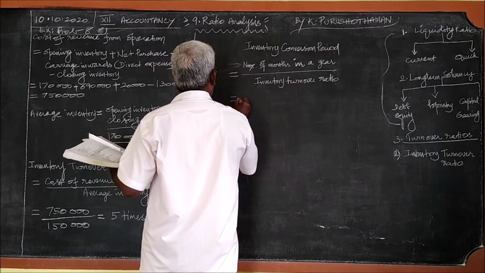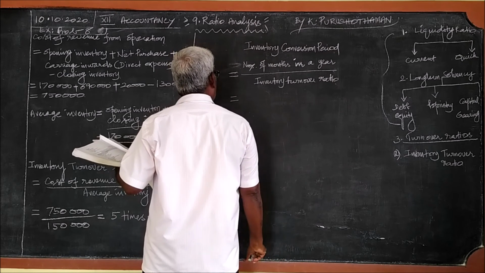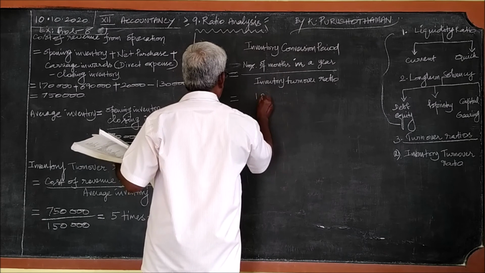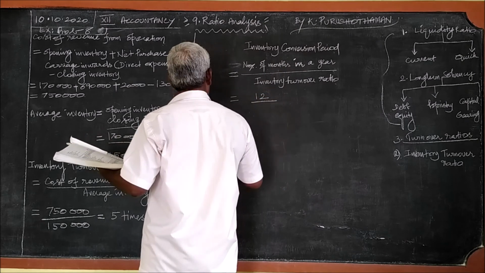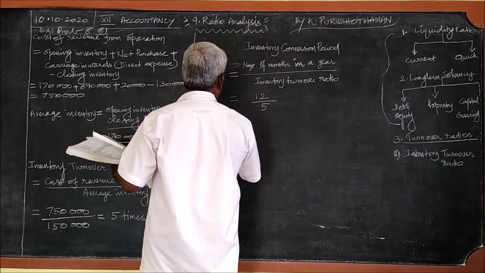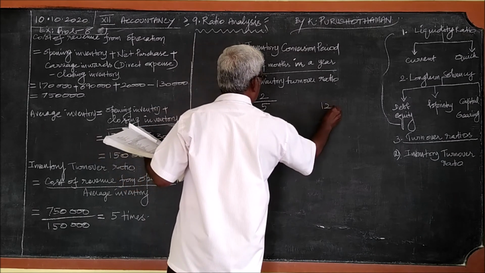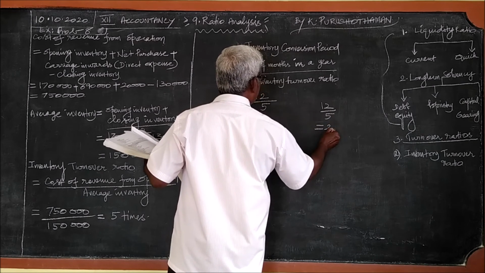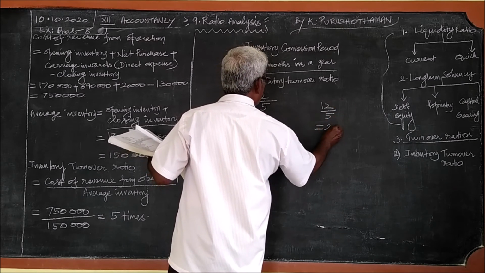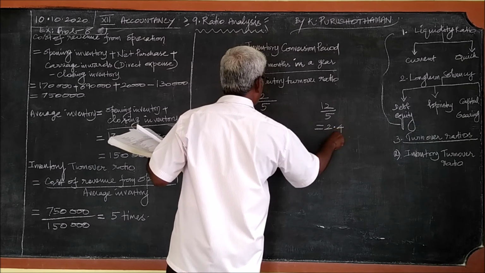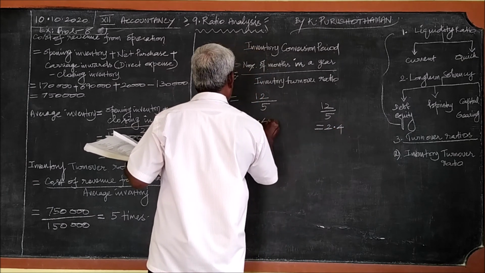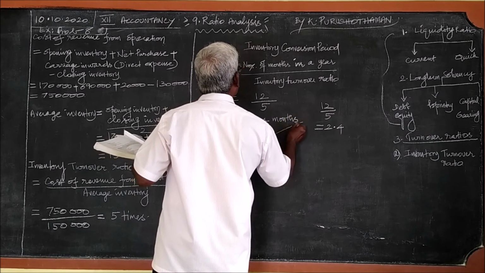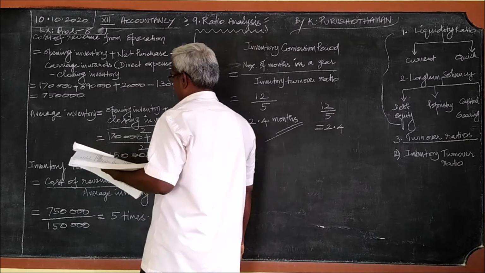Here it is asked in months, therefore number of months 12, inventory turnover ratio 5. You divide 12 by 5, which is 2, remainder 2, 20, put the point, 4, therefore 2.4 months. This is the inventory conversion period.